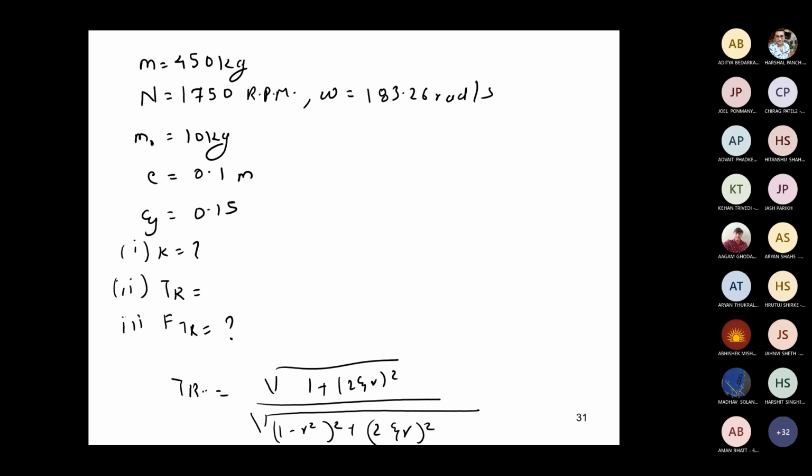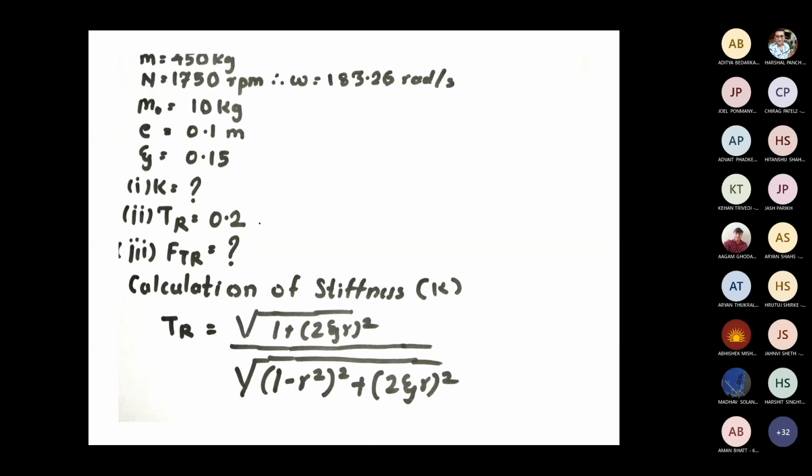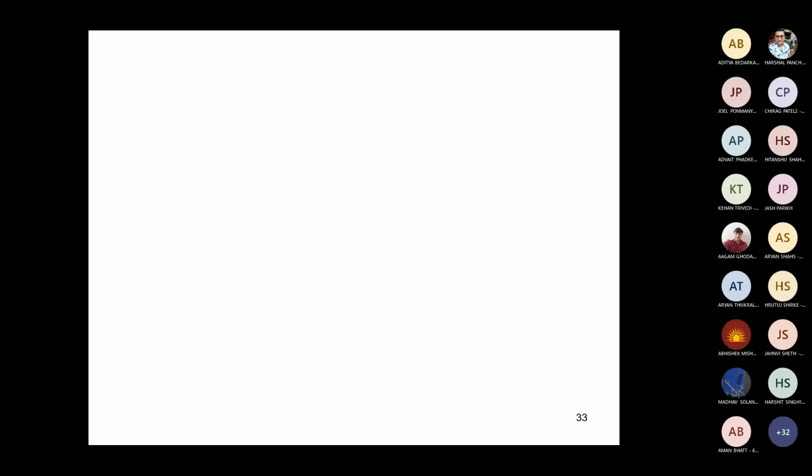Find out r. So what is the transmissibility ratio in this question? 0.2. All right, so TR is 0.2. Substitute transmissibility as 0.2. Zeta is given, 0.15. Solve this quadratic equation and get the value of r square. Tell me the value of r square.